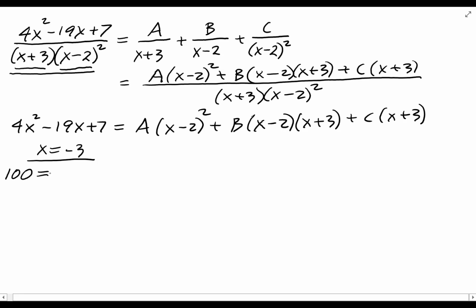And if you plug a negative 3 into this right-hand side, this term and that term are going to go to 0. So what you're going to get is a times negative 3 minus 2, which is a negative 5, squared is 25. So you divide by 25 and a is going to be 4.